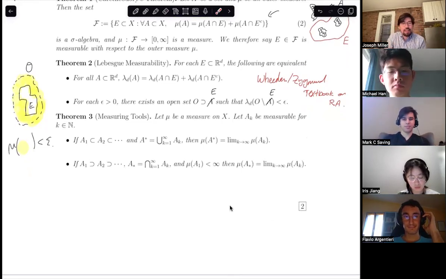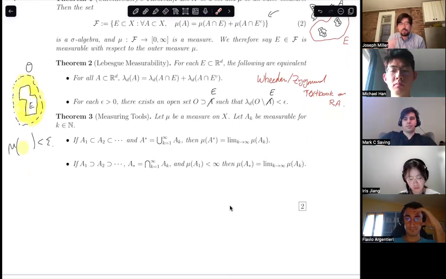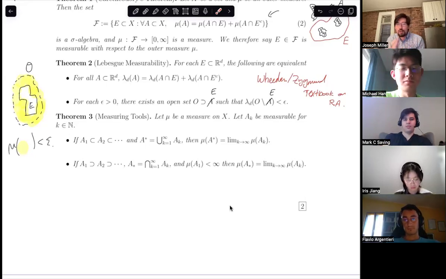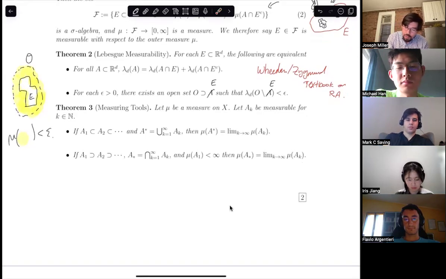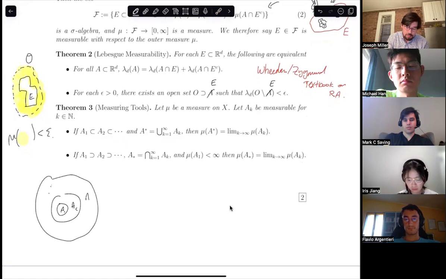So let's figure out how to actually measure things. I have a measure. All I have is that the measure of the empty set is 0, and it's countably additive across disjoint things. So one natural thing that I can do is take an increasing sequence of sets and then look at their union. The picture I have in my head is this is A1, A2, and then it keeps going to this A star, the union of all of these.